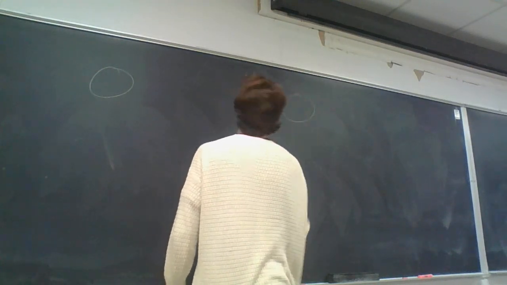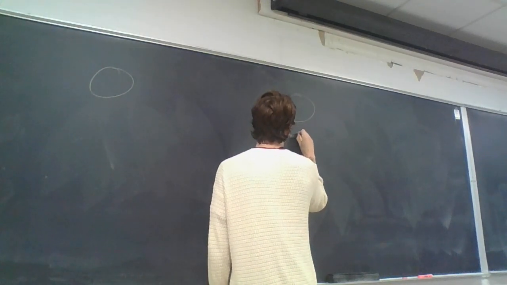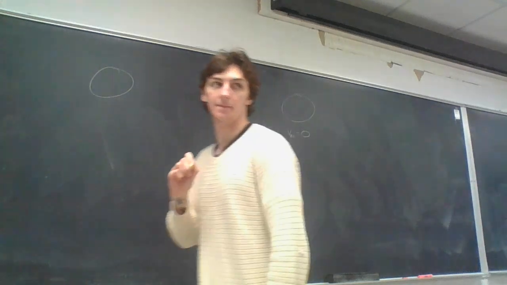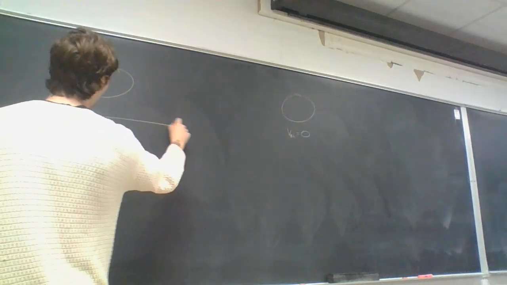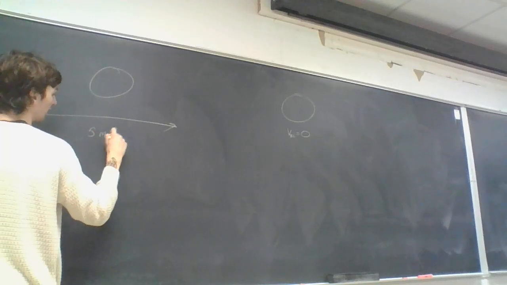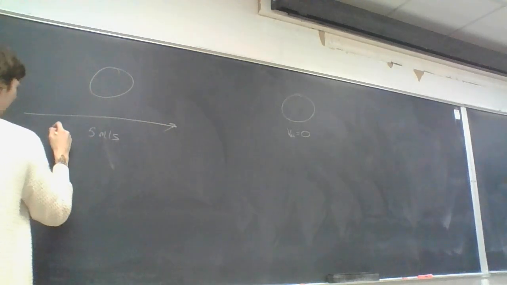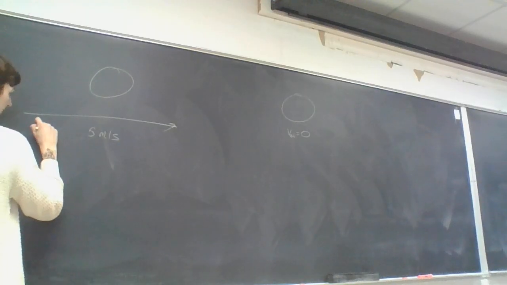So here's ball one, here's ball two, and let's say that ball one is initially at rest. And we're going to send this cue ball flying in at, say, 5 meters per second. And each of them has a mass of 1 kilogram.